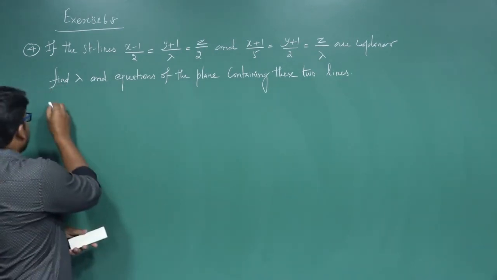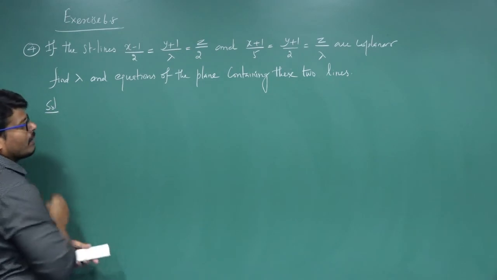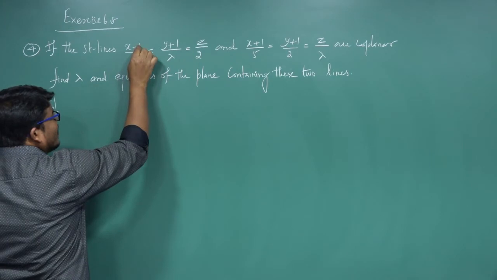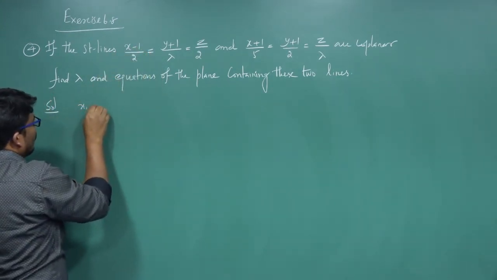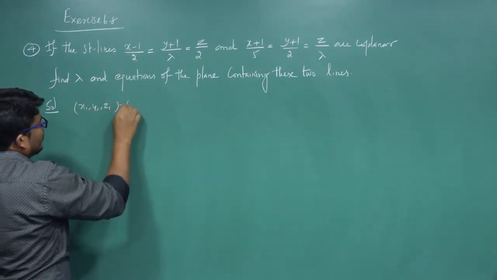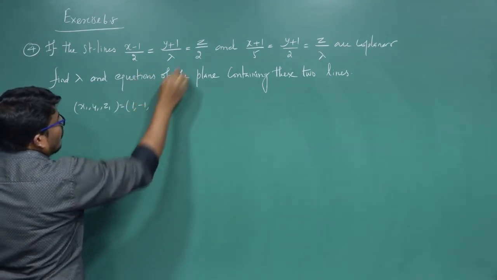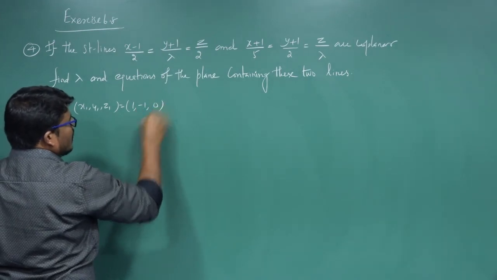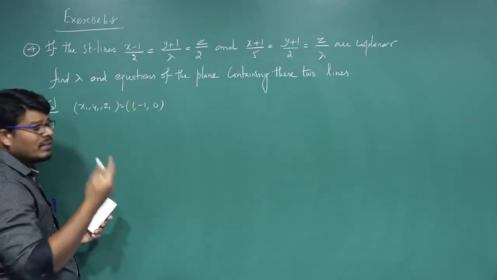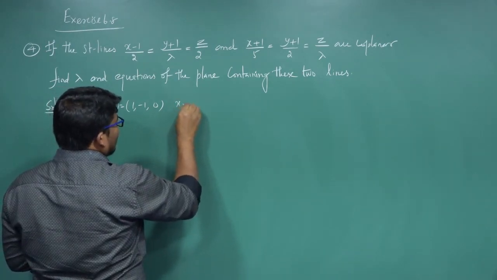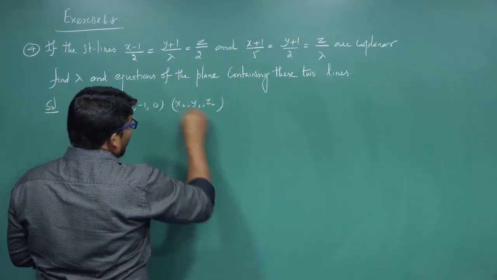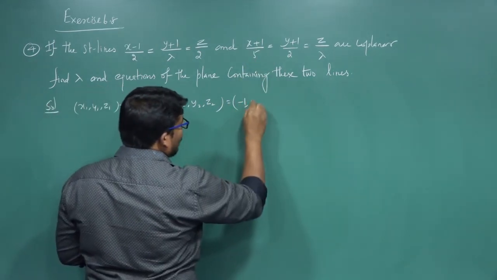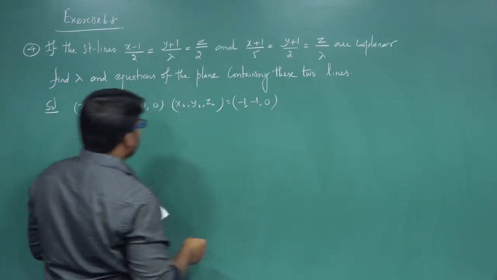Already given two lines are coplanar. By using Cartesian form, the first point x1, y1, z1 equal to 1, minus 1, 0. The second point x2, y2, z2 equal to minus 1, minus 1, 0.